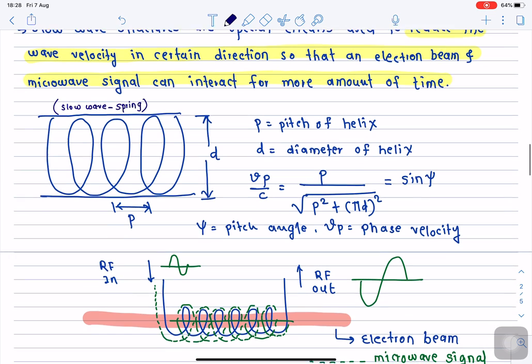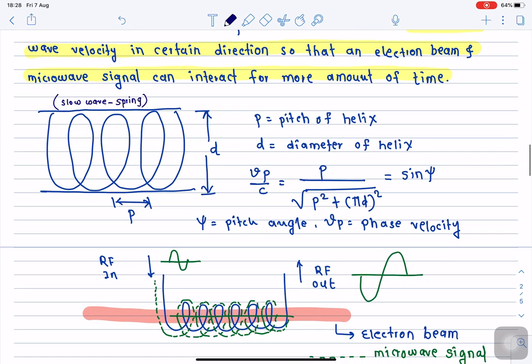Now this spring-like structure has a certain length, and it has a certain diameter also, and the number of turns is going to decide the typical pitch that is maintained between each turn of the helical structure. So the dimension of the slow wave structure is specified in terms of certain geometrical parameters. These are the pitch of the helix, with which we can design the helix traveling wave tube, and small d, which is nothing but the diameter of the helix.